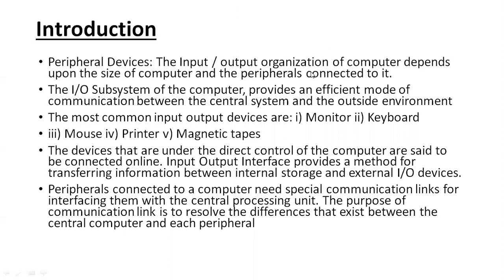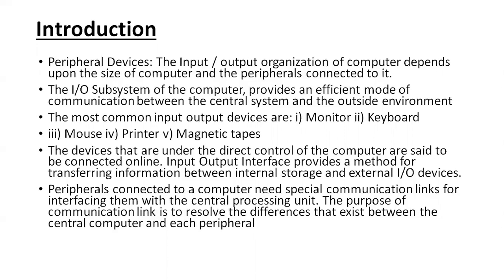What are input-output devices? The introduction given here is that the input or output organization of a computer depends upon the size of the computer and the peripheral devices connected to it. The I/O subsystem of the computer provides an efficient mode of communication between the central system and the outside environment.